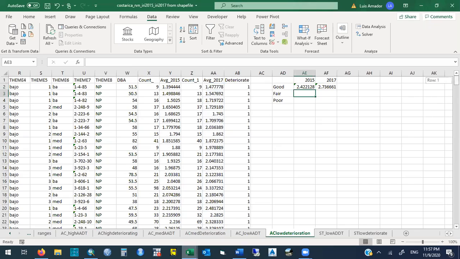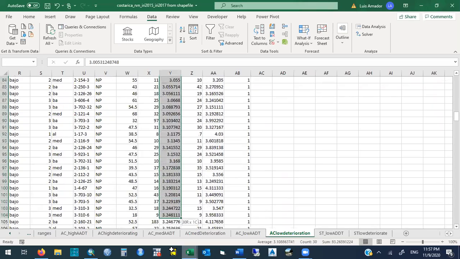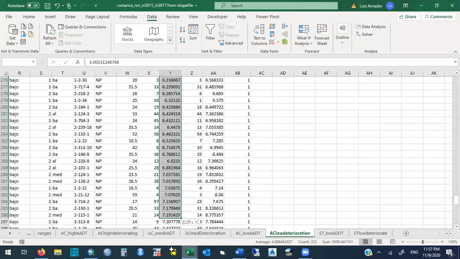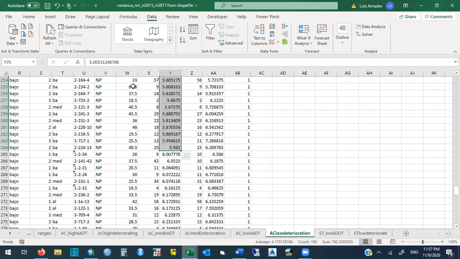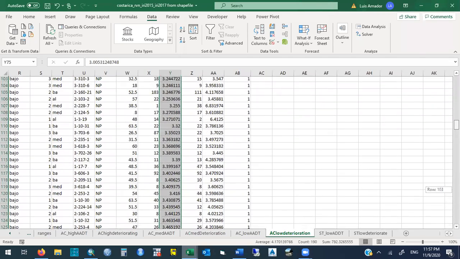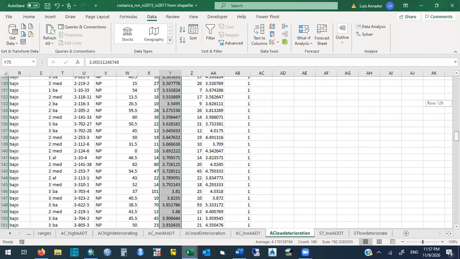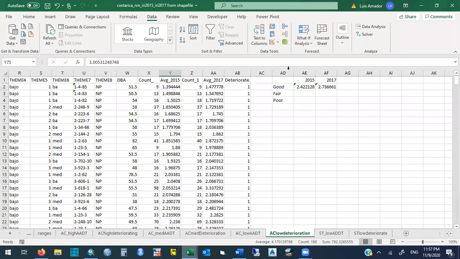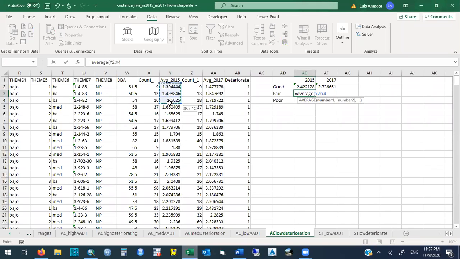Now, the next one is 3 to 6. Oops, sorry. So it is 75 to 264.